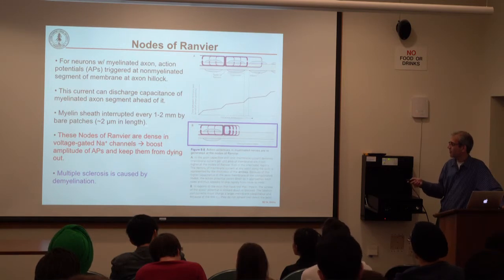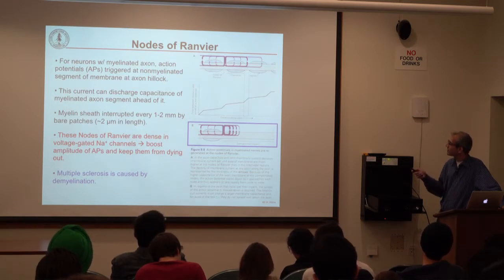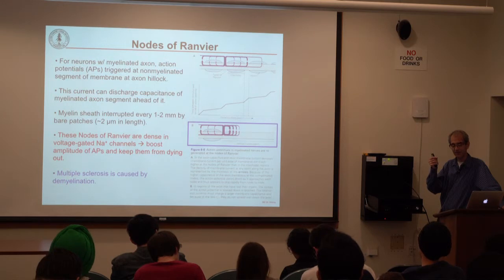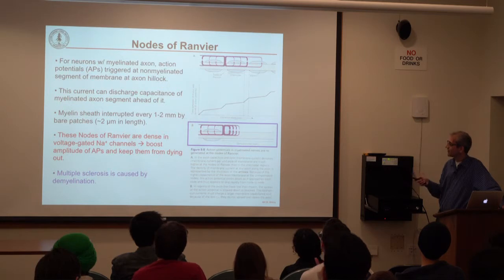These nodes are chock full of voltage-gated sodium channels. Because there are so many voltage-gated sodium channels, if you have a small deflection in the membrane potential, you'll actually start that positive feedback cycle that we've talked about and create an action potential. So action potentials will start at these nodes of Ranvier.